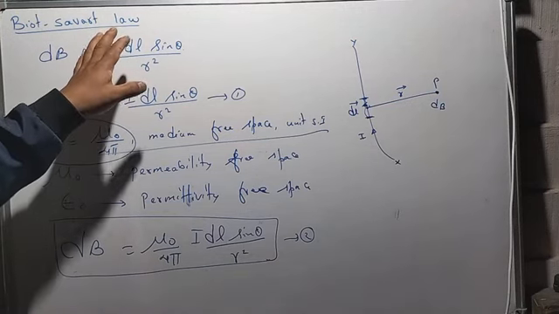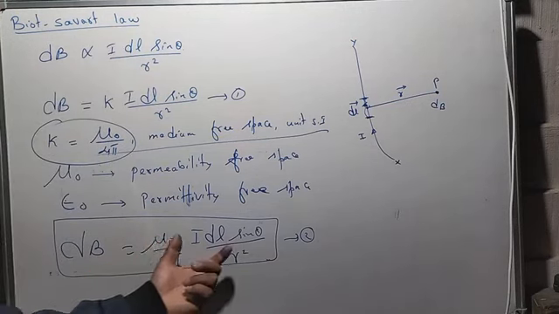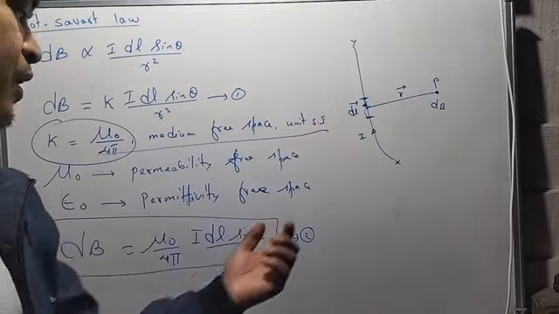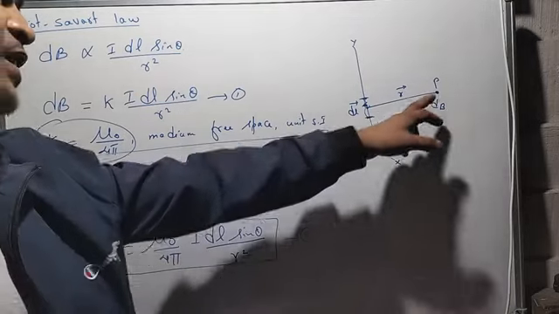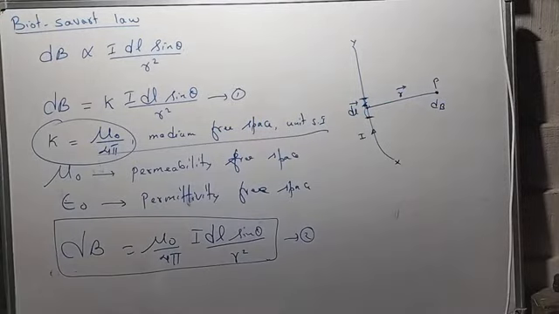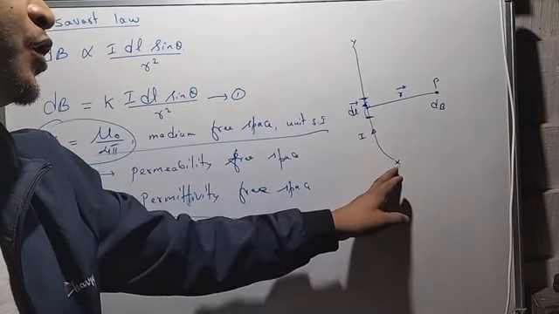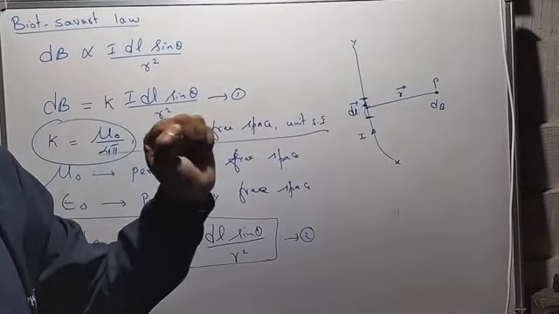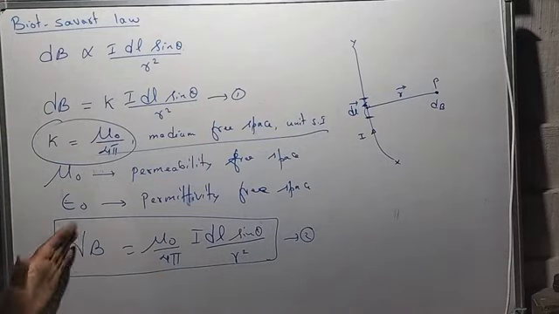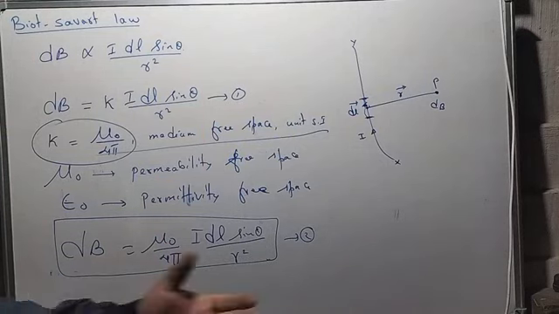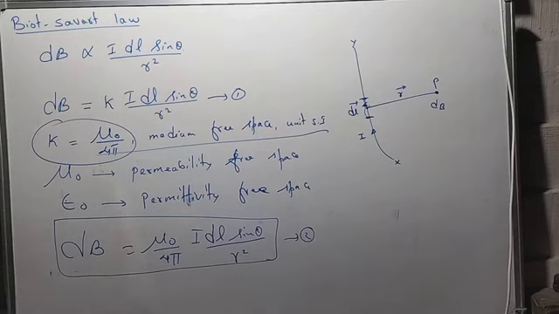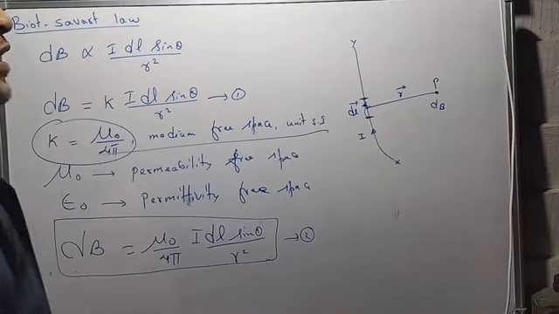If they know the magnetic field at point P due to this current element, then they can find the magnetic field at point P due to the entire length of the wire. For that, they just integrate equation 2 and get the total magnetic field at point P. Please note that equation 2 is just the magnitude of the magnetic field at a point P due to the current element.